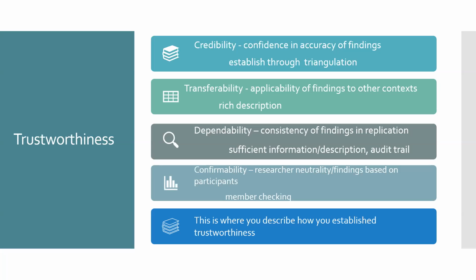Do they reflect their experience? And those kinds of things, having that deeper conversation. And maybe you planned to do this, but then when it came time, you couldn't get in touch with several of your participants. Then you would describe that in this section, and then what you ultimately did to establish trustworthiness.